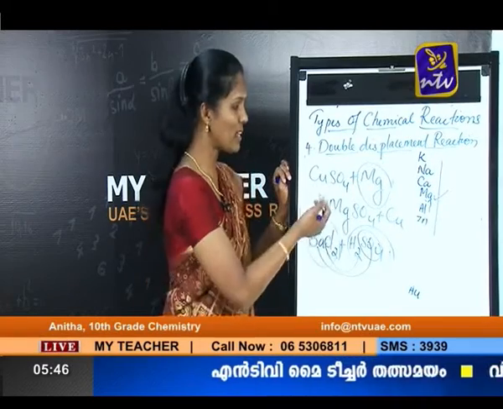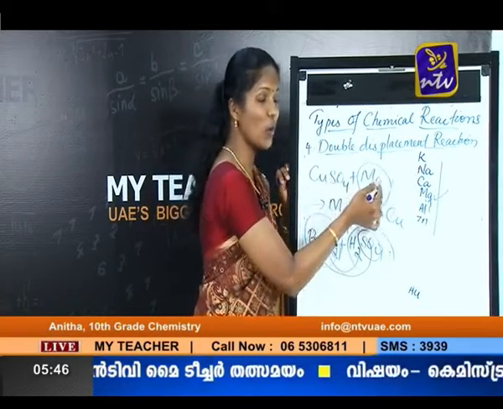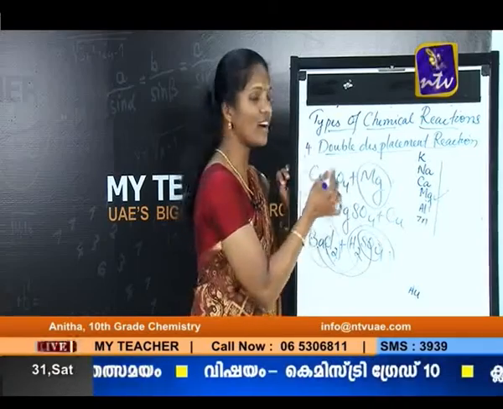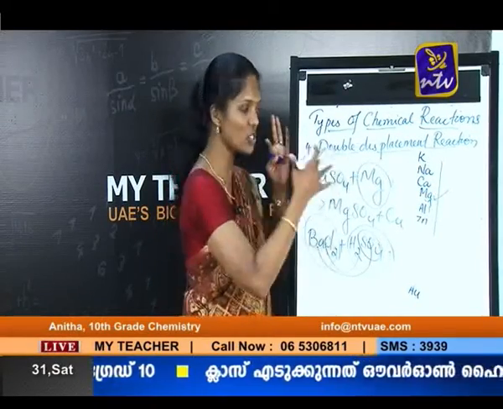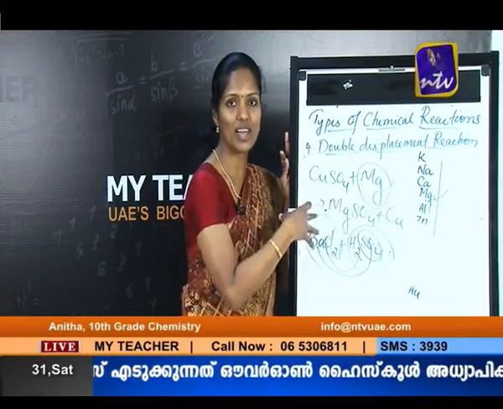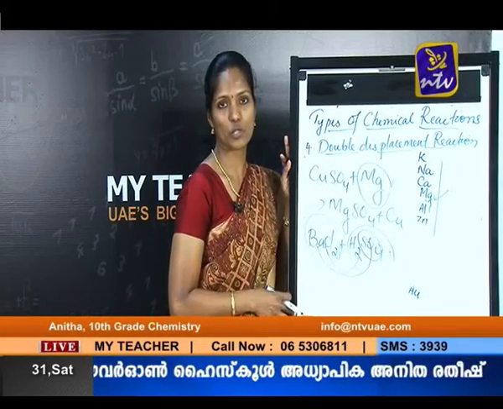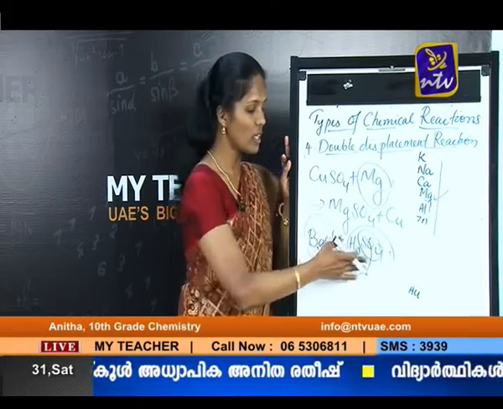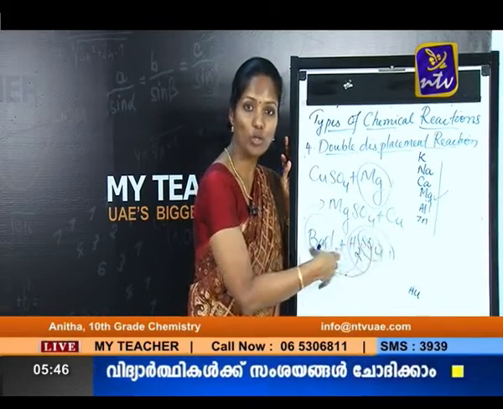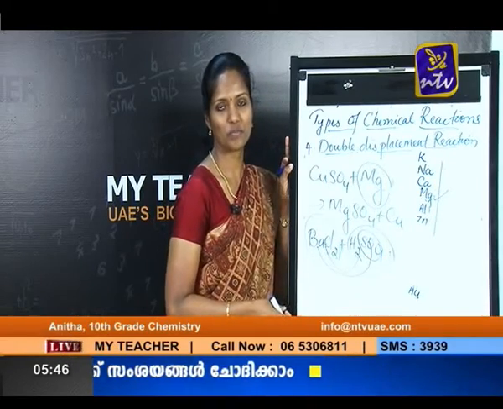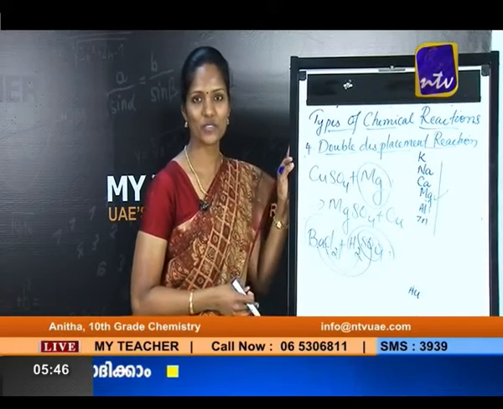But in a displacement reaction one will be the free metal and the other will be the compound. That is how we can understand whether the reaction is a displacement or double displacement. In double displacement we cannot see one free element; both will be compounds. Understood?